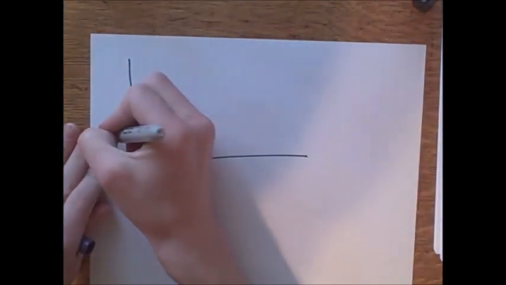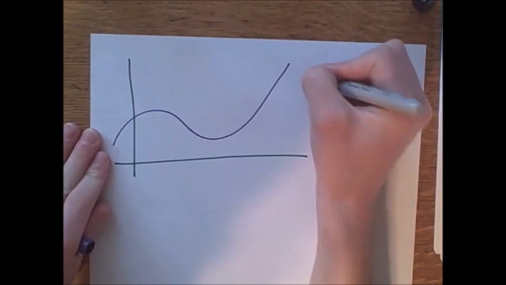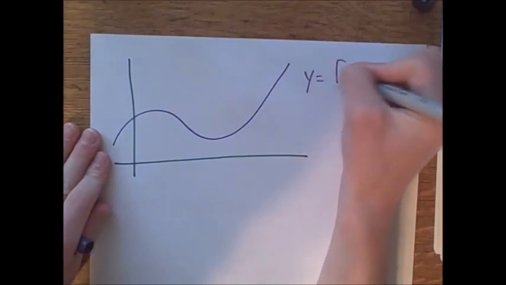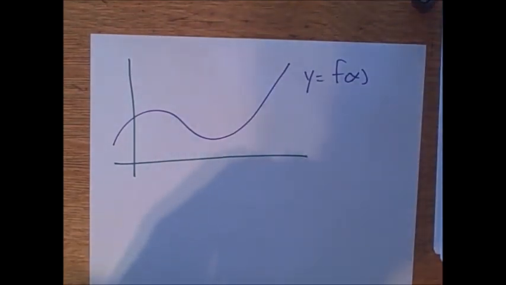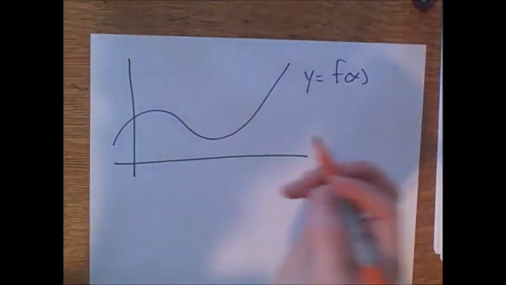So, if I were to draw some other function, some function y equals f of x, and I said, let's find a slope. Well, what's the slope of this function? I mean, you could just plot out some points.